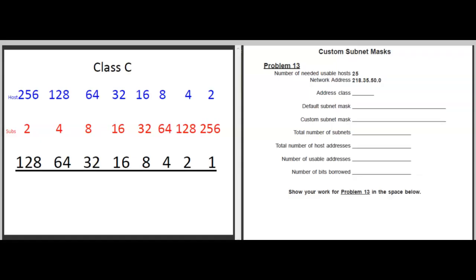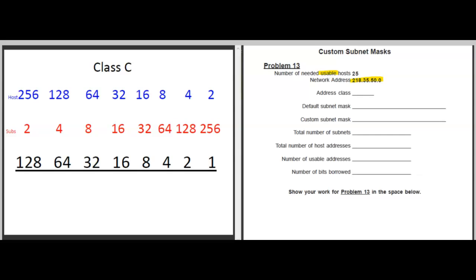We just assume for what we don't know. So we solve basically for what we know. So the first thing that we need to know is we need 25 usable hosts. So we need to make sure that they're usable. And then they're giving us the address of 218.35.50.0. So as we're filling in our problem, what class of address is that?